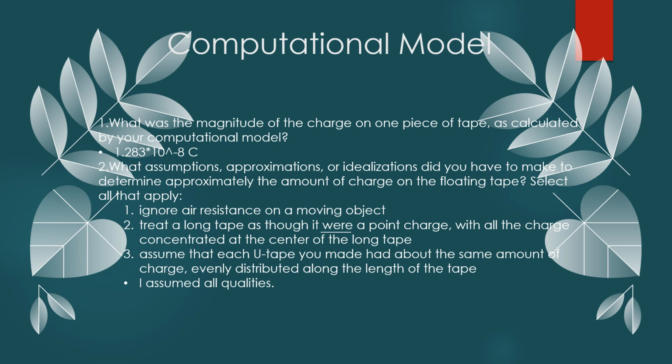Ignore air resistance on a moving object. 2. Treat a long tape as though it were a point charge, with all charge concentrated at the center of the long tape. 3. Assume that each U-tape I made had about the same amount of charge, evenly distributed along the length of the tape. These are the 3 idealizations that we assumed for the computational model.